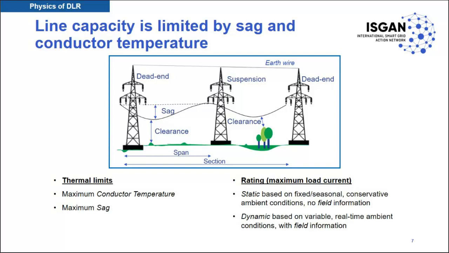So if you know sag, that you see on this diagram above, if you know sag in real time, you will know the margin that you have before you reach maximum sag in meters, and you can convert this margin into amperes and know what is the gains that you have that are available before you reach your safety limits.